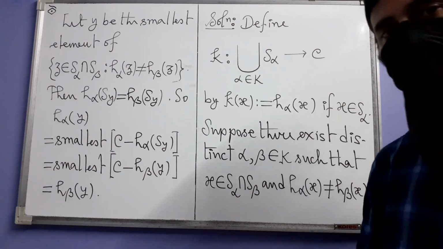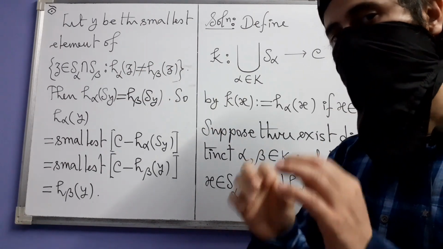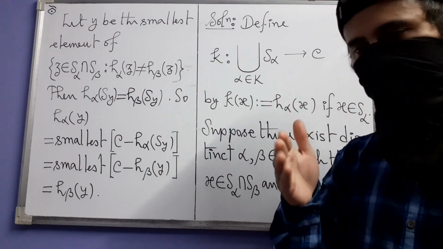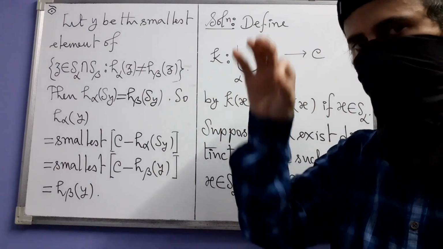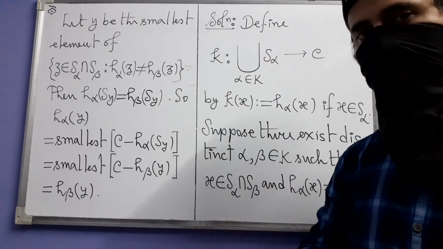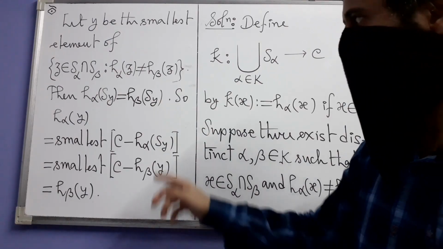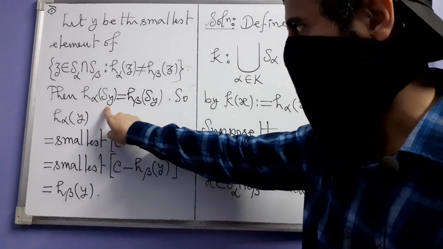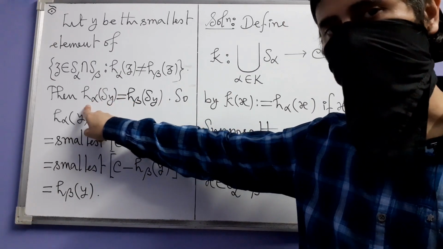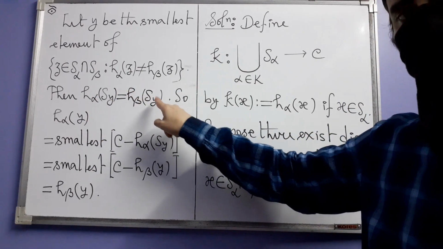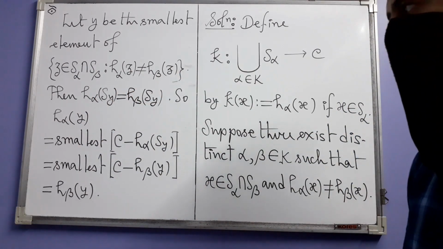That means for all of them, H alpha is equal to H beta. When you evaluate H alpha and H beta at such a point from Sy, they are equal. So obviously the entire image of Sy under H alpha is equal to the image of Sy under H beta.